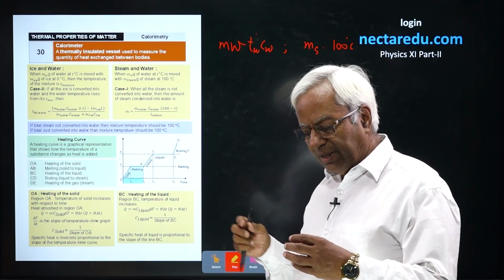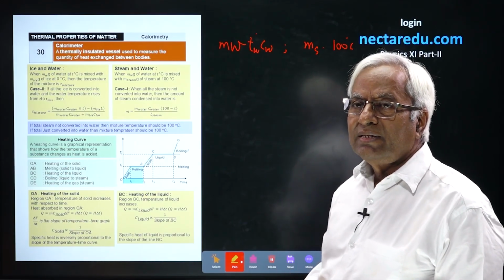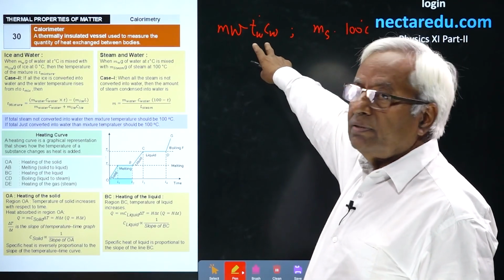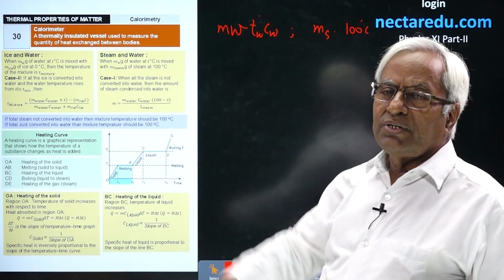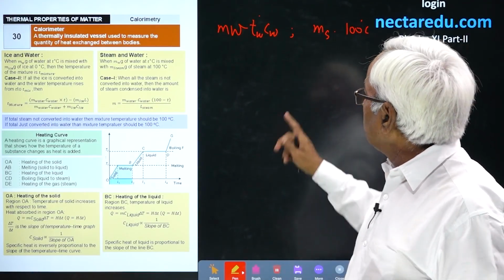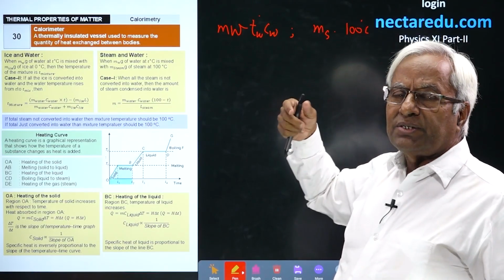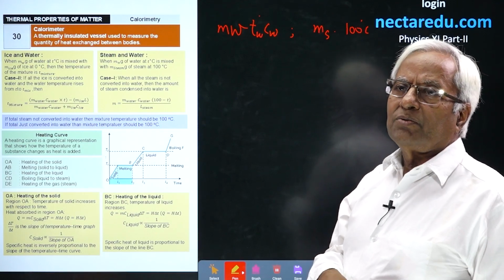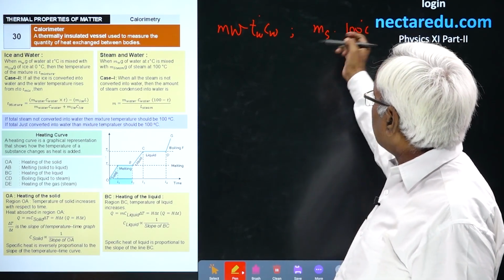If you bring them into contact, only two things are possible. Either this water, which is at lower temperature, will receive the heat from steam. To supply it, some of the steam may condense into water, or it is likely to condense completely.